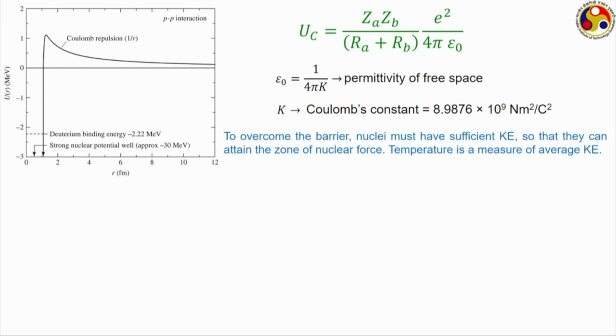Hence, in order to overcome this Coulomb barrier, the nuclei must have a sufficient amount of energy, so that they are able to reach this particular zone, and once they are able to reach there, then nuclear force will facilitate the fusion reaction. But it needs to have sufficiently high energy, and energy means kinetic energy only, and for such kind of particles, temperature is a direct measure of the kinetic energy.